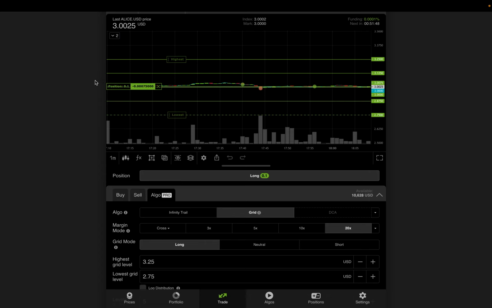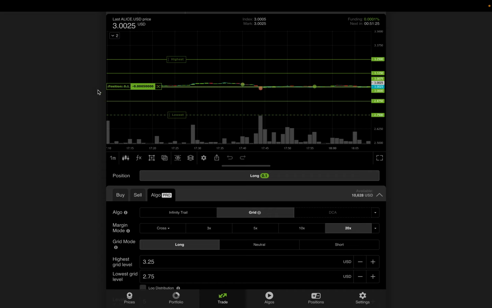They're filled right away because basically you can buy lower than you wanted to. So it essentially gives you an ability to start with a grid with a long position and have a neutral grid level up here, not here.